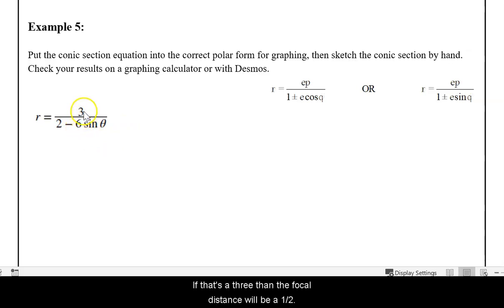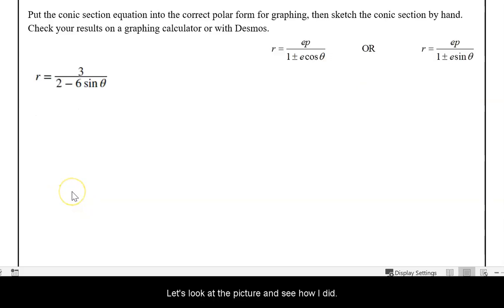If that's a 3, then the focal distance will be 1/2, in which case, because that's negative and the focal parameter is positive, I know that it will be located below the pole. In this case, since it's sine, it will be parallel to the polar axis. I'm expecting a hyperbola with the directrix running parallel to the polar axis, but below it.